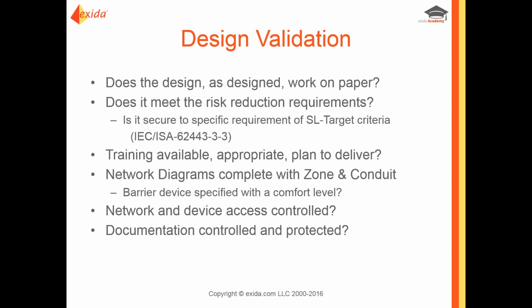Your network diagrams, complete with the zones and conduits, should be available. You should know how access is being controlled to both the network and individual devices on the network. And documentation should be controlled and protected. Once again, everybody's got documentation management systems in place. Cybersecurity needs to be rolled up into that as well.